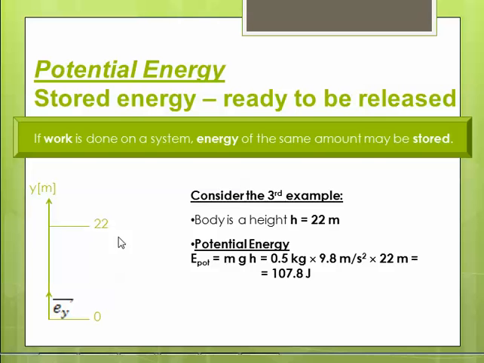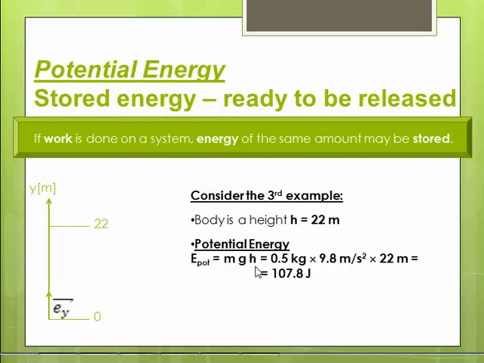The potential energy, given as E pot, is defined as m times g times h. H is the height, so it is 22 meters. G is the Earth's acceleration, 9.8 meters per square second, and m is the mass of the body. So this here is the formula for potential energy. E pot equals m times g times h.